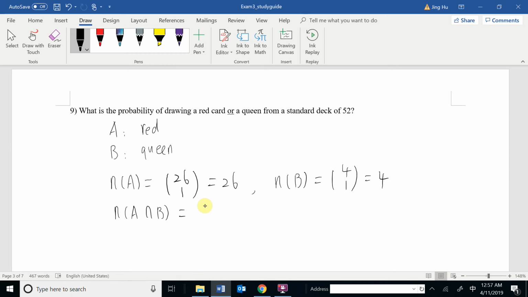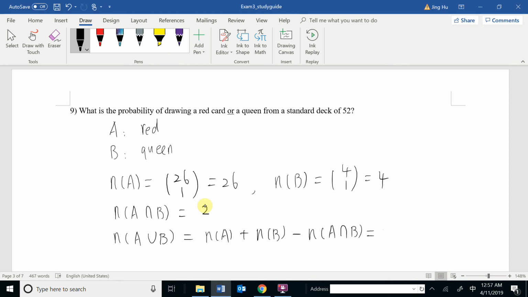So you actually have 2 overlapping. So now let's count A, red card, or B, a queen: it is counting A plus B, the counting of the queen, minus the intersection.